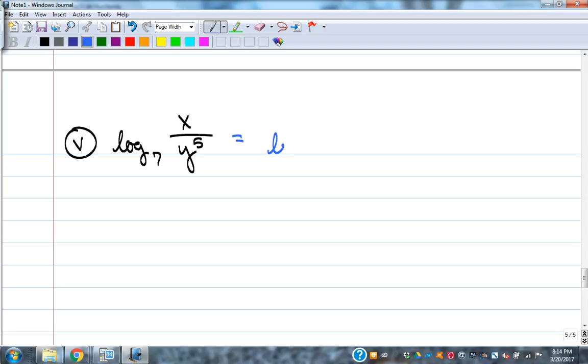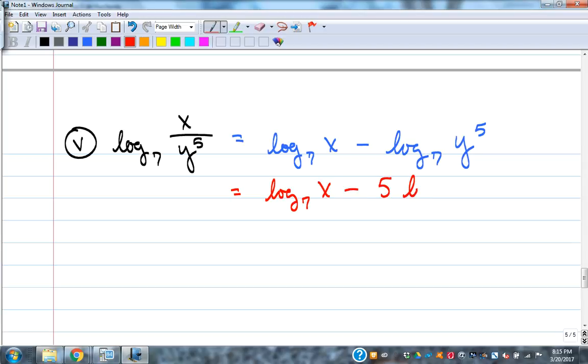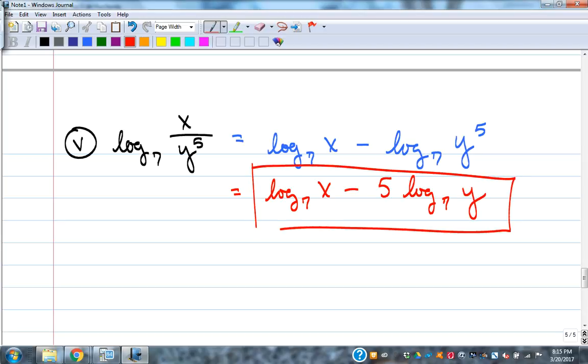So I can do log base 7 of x minus log base 7 of y to the fifth. Now I can bring that exponent out. And it's only on the y to the fifth. Yeah, so the first one's going to stay the same. Good. And then we have 5 log base 7 of y that we're subtracting from that.